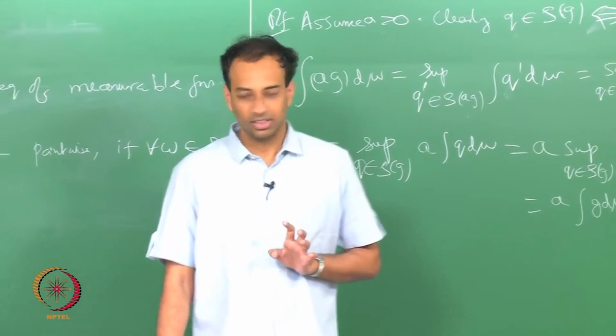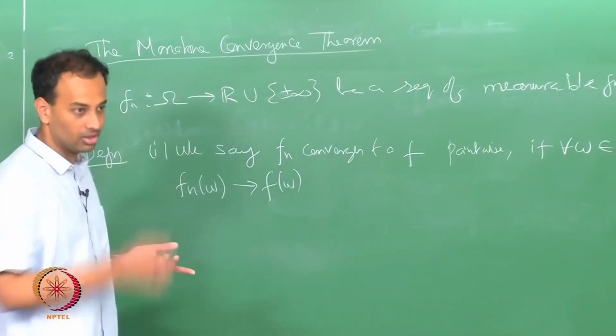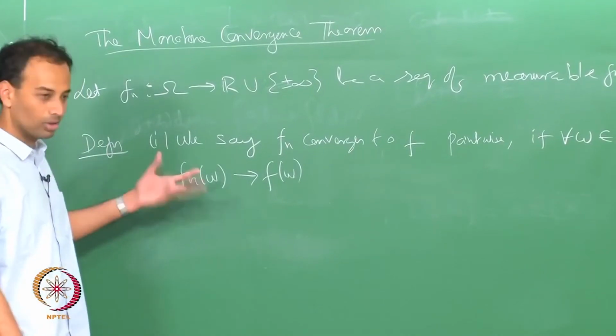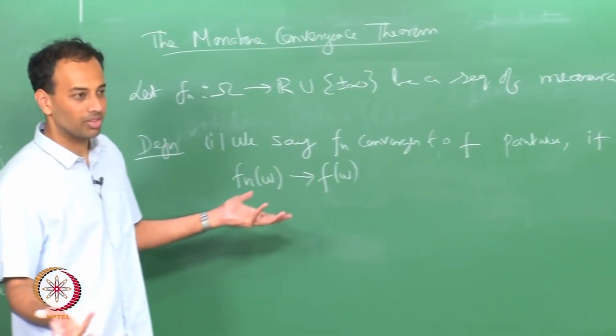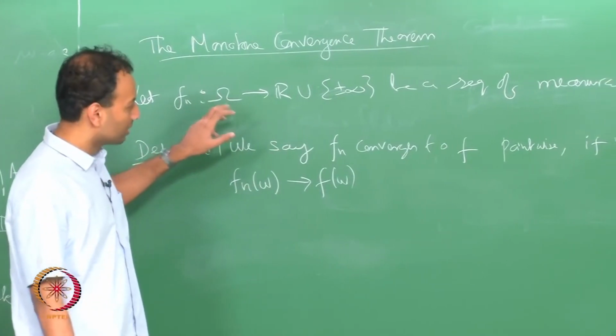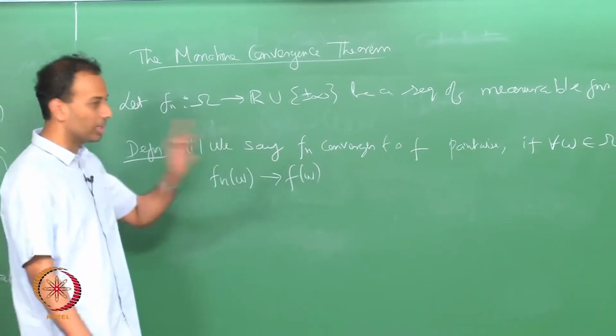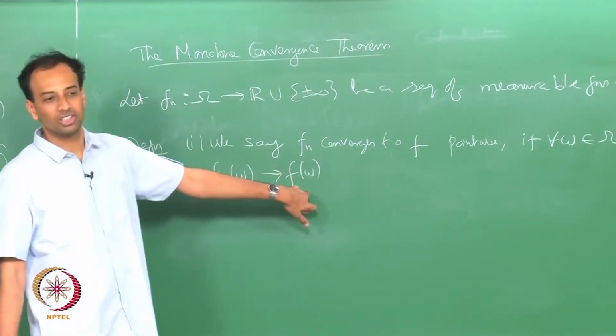This is clear. So, these f n's could be random variables, for example. The f n's could be X n's, some random variables, and in that case you say that the random variables X n converge pointwise to X if for every omega in the sample space, X n of omega converges to X of omega.